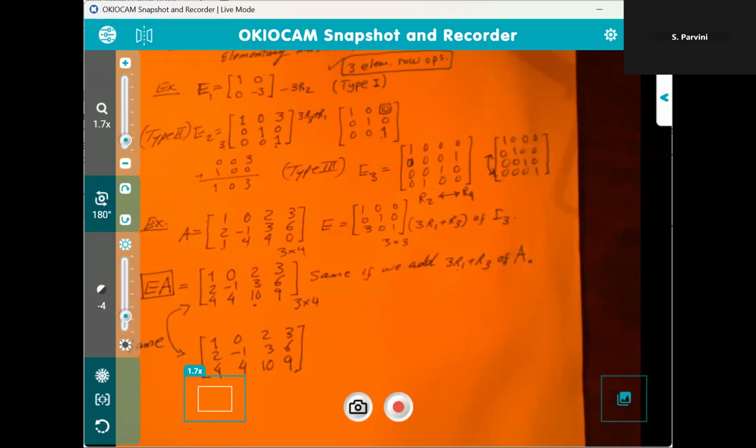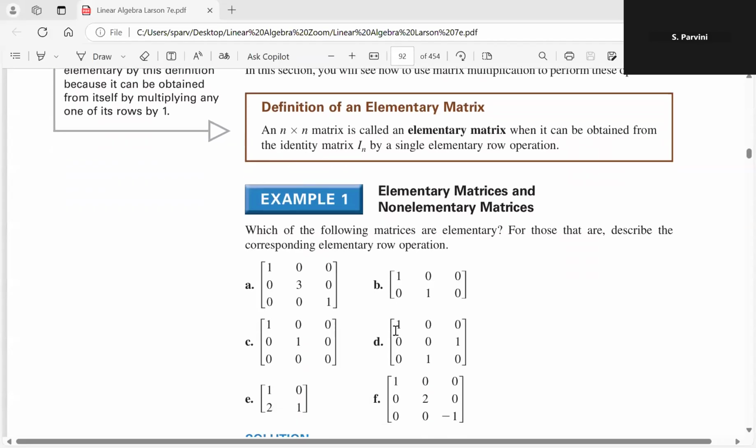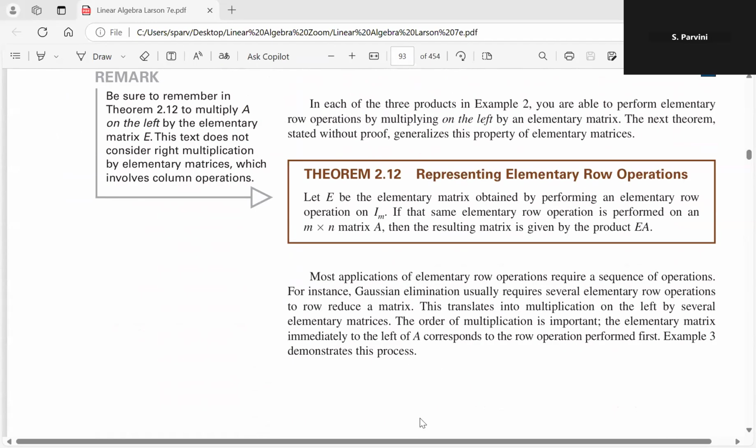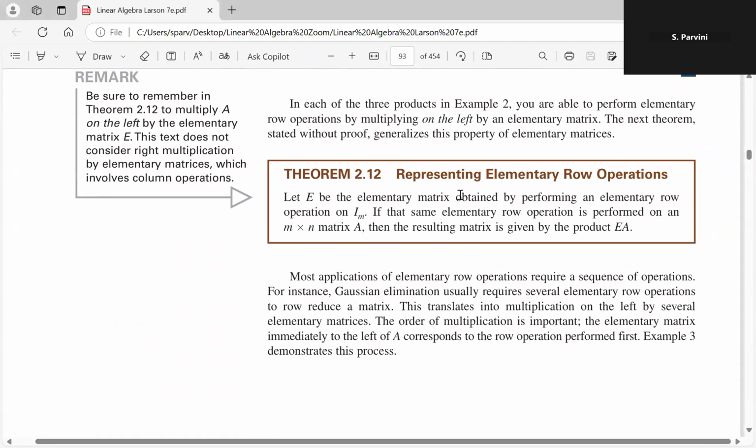Let's take a look at now this next theorem. Let me go to the book, and there you go. Okay, this is going to be theorem 12. So in theorem 12, it reads, let E be the elementary matrix obtained by performing an elementary row operation on I, an M by M identity matrix.